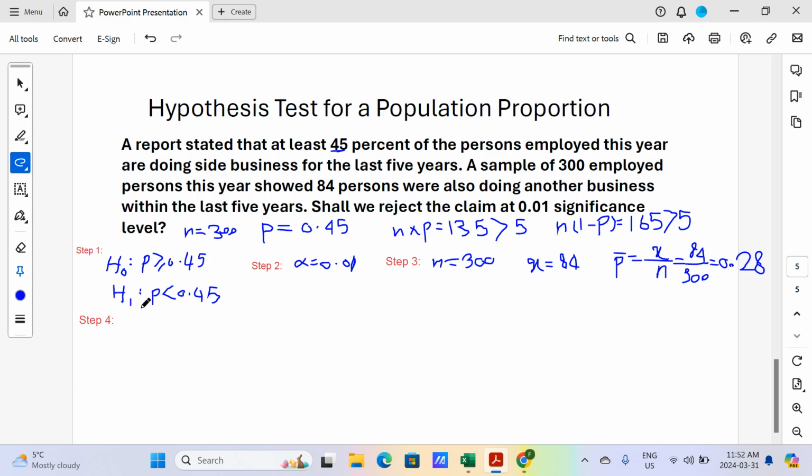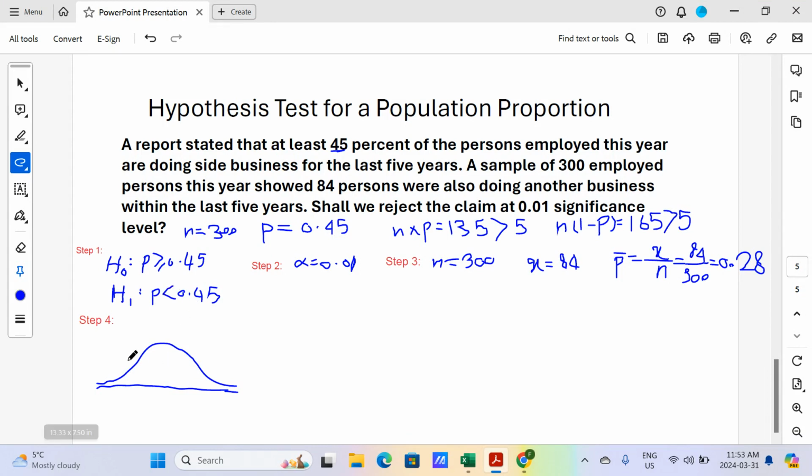Okay, look at H alternative. In H alternative, P is less than 0.45. So here we have a one-tail test because we don't have an equal sign or not equal sign. We have a one-tail test, and the tail is on the left side. An easy way to find if the tail is on the right side or left side is to look at H alternative.